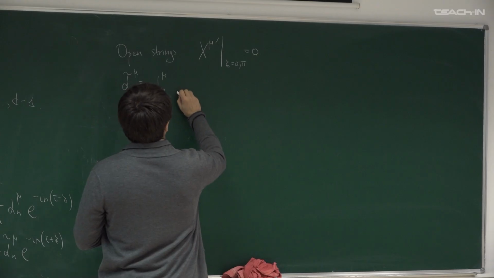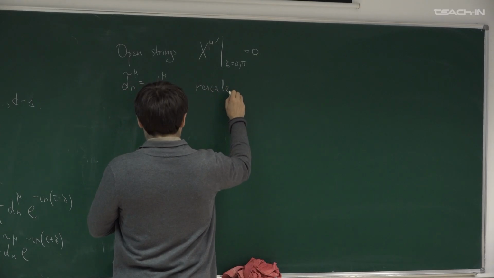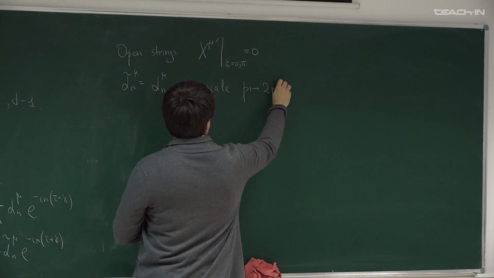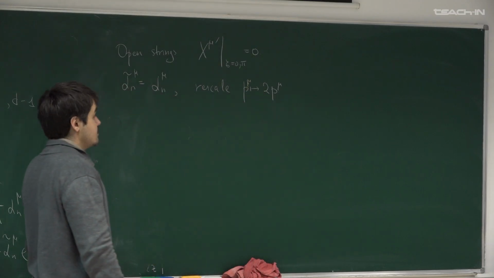We also rescale p to 2p, same as we did while deriving the Lagrangians.